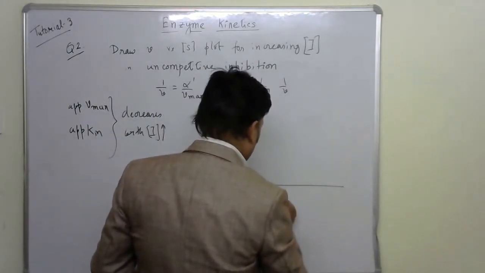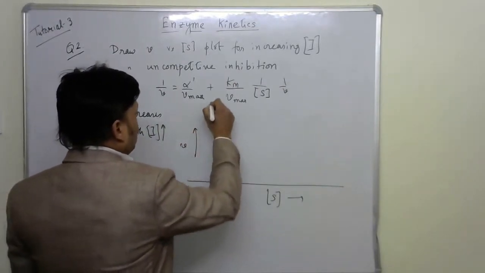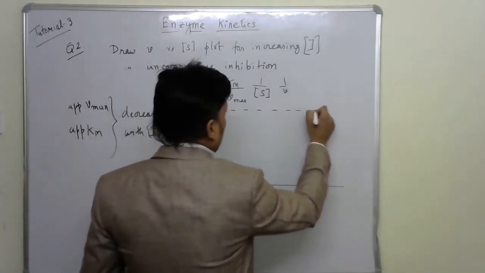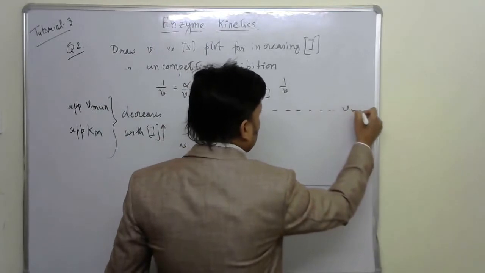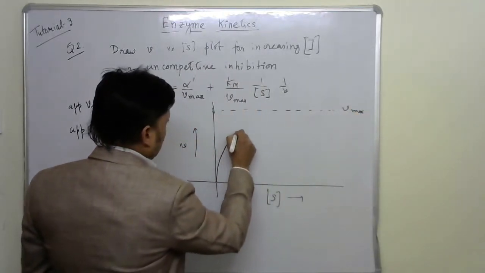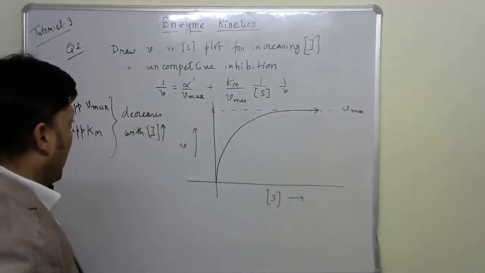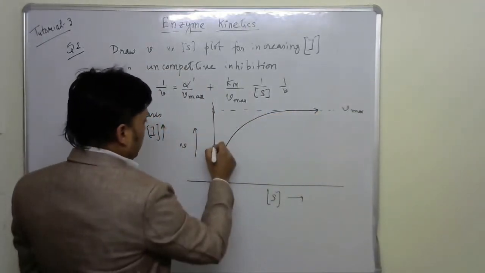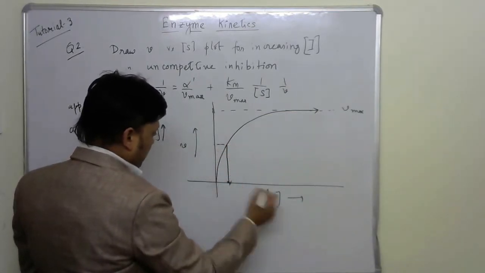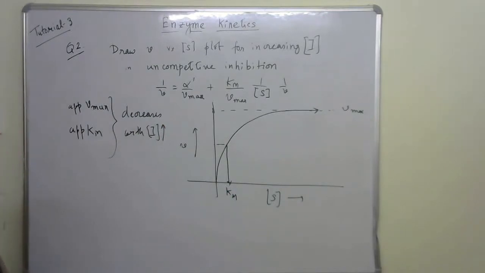So this is S, substrate concentration, and this is V. So first we draw the uninhibited case. So this is my Vmax, and we are going to draw the graph exactly like this. And my Km for this is at Vmax by 2, and the intercept on the S-axis is the uninhibited Km.